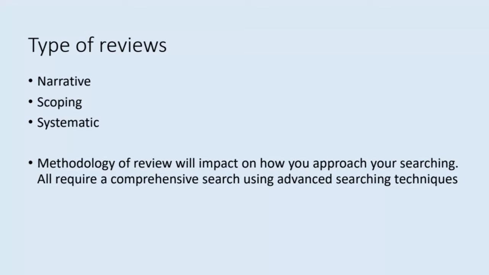A third type of review that some of you may have heard of is a systematic review. So systematic reviews are used widely in the area of medicine and healthcare, but they're being used in other disciplines as well, such as geography, environmental science, social science.